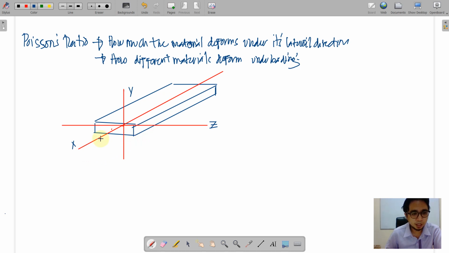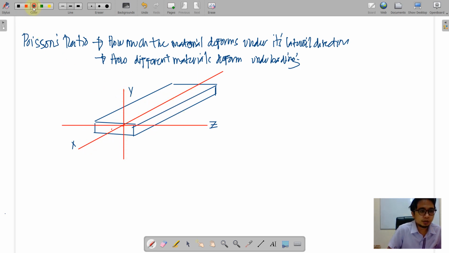Is it on X? Is it on Z? Is it on Y? So the Poisson's ratio defines the contraction of the material when we apply a lateral or a longitudinal force along this axis.